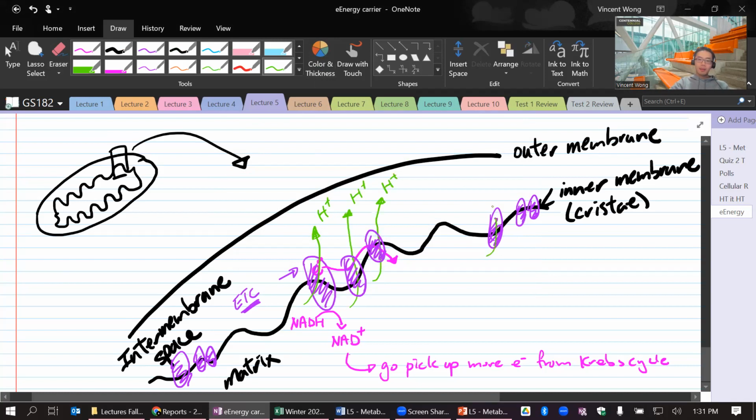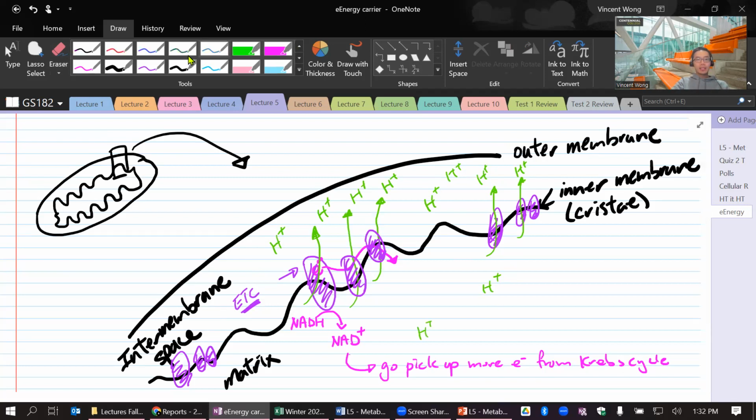Okay, and same thing's going to be happening here. It's going to be pumping H+, pumping H+. And over time, you will have a lot of H+ in the intermembrane space. We will have some here, but not as many.